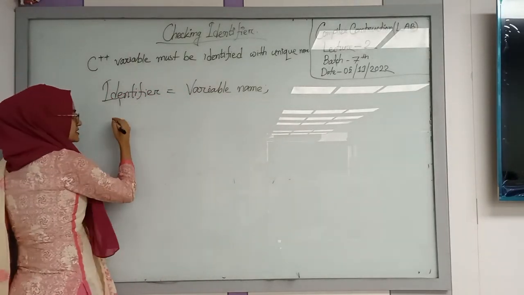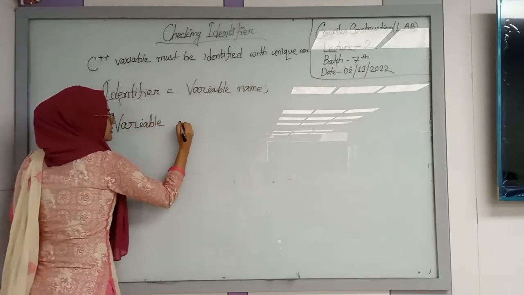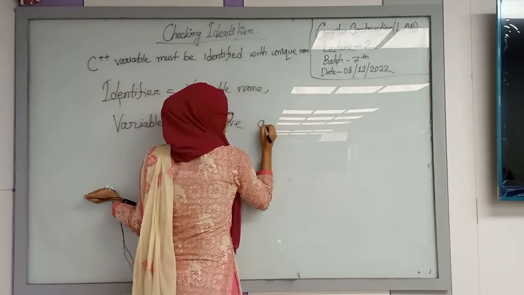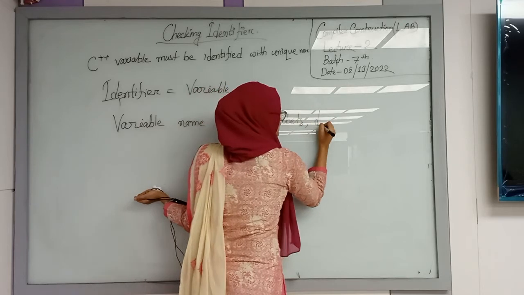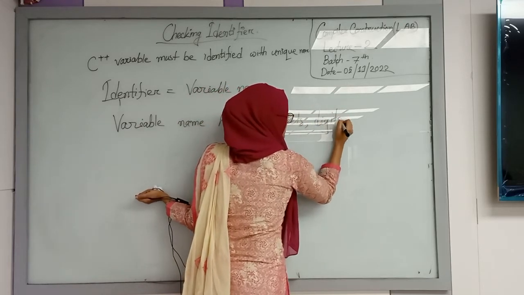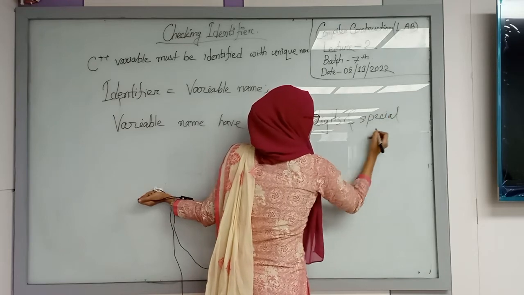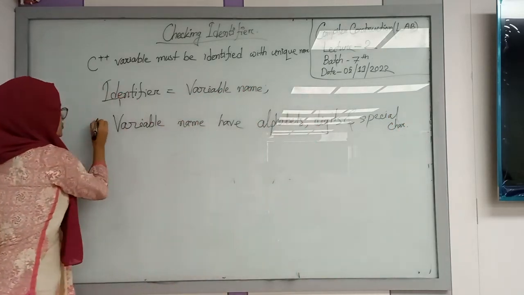Variable name will consist of alphabets, digits and special characters. Okay, this is the first rule.